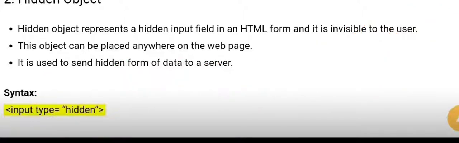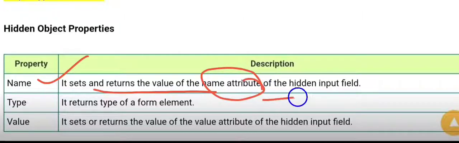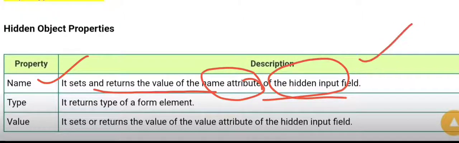Now clear? Next, here we have hidden object properties. One is name, it returns the name of the attribute, the name of the input hidden data.